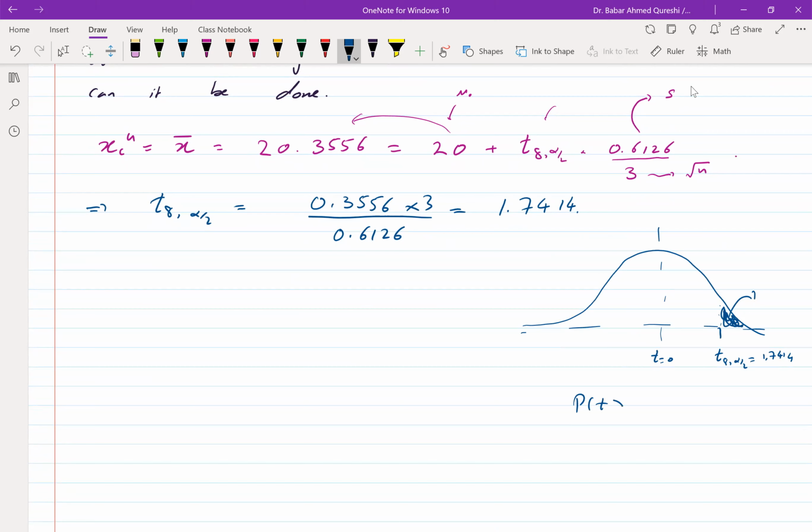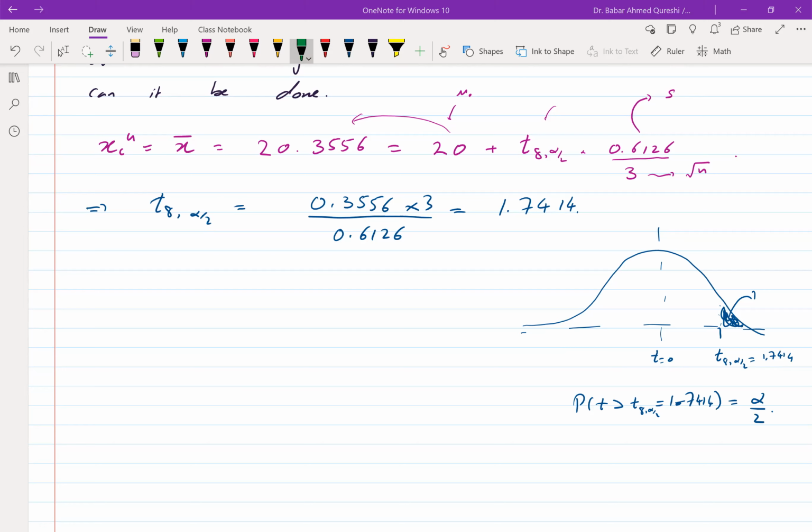Compute that area, the T is greater than this critical value, which you know what the value is, 1.7414. You want to know what this is? And that will be your alpha by 2. So if you do that, look it up in the table or in the SPSS.